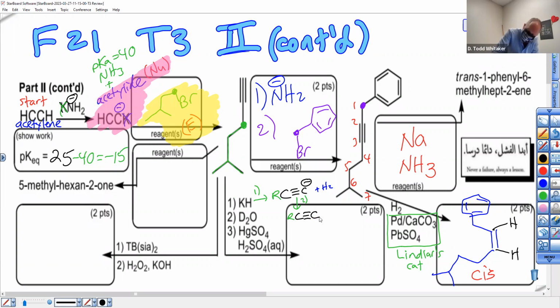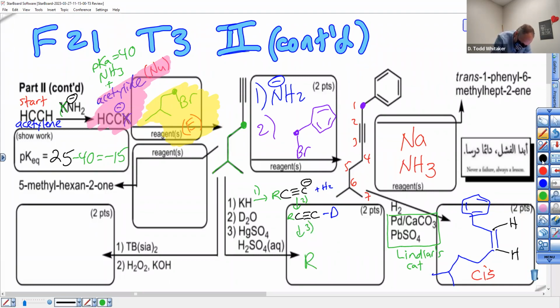Yeah, what's the number? 16? Yeah. And it puts a D there instead of a H, right? Just acid base, everybody. Step 1, take a proton off. Step 2, put a different proton on. It's a deuterium proton. Now, step 3 is the answer to this question.